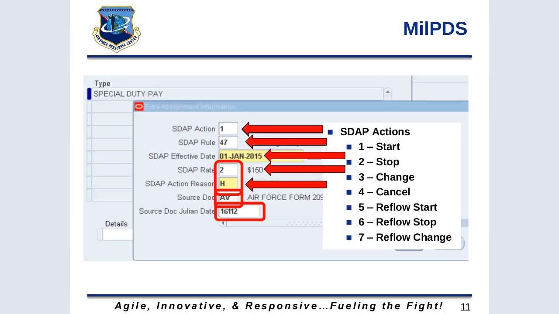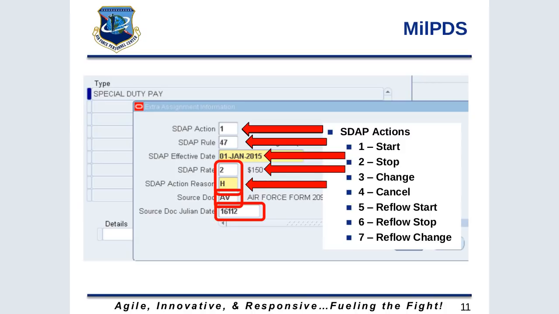For example, if a member is entitled to SDAP because of duty location, then the SDAP action reason J would apply. If a member is a first sergeant PCSing back to their original career field not entitled to SDAP, action reason B would apply. The source doc should always be AV to annotate the Air Force Form 2096.